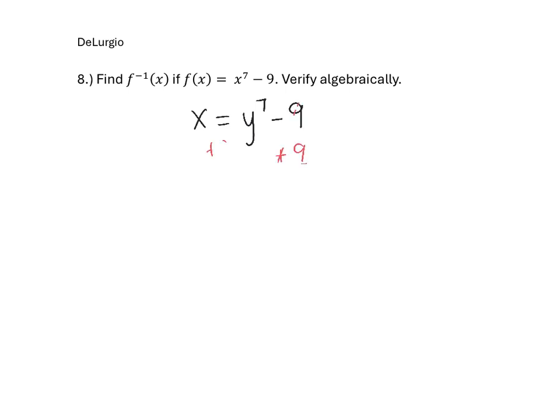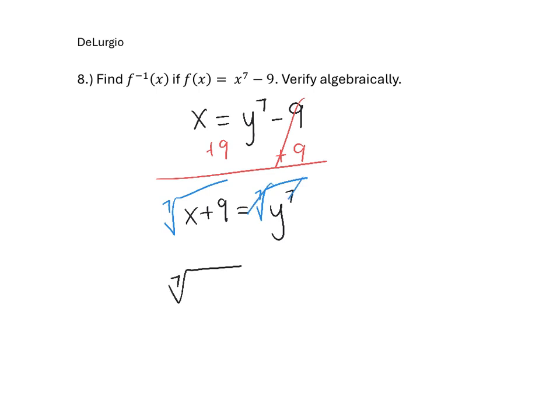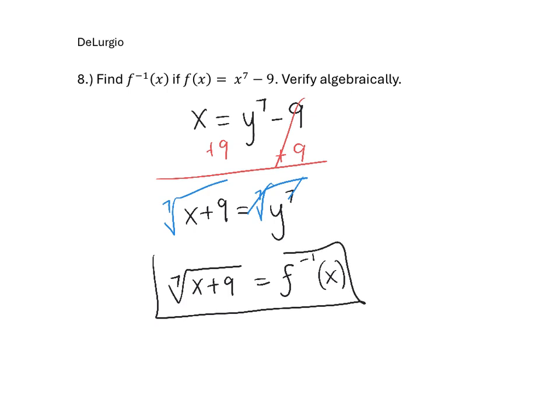Then we add 9 to both sides, and we get x plus 9 equals y to the 7th. To get rid of a 7th exponent, we take the 7th root on both sides. So we get the 7th root of the quantity x plus 9, and then switch out that y for our inverse function notation. So this is our inverse.